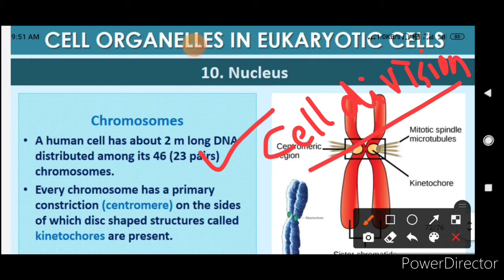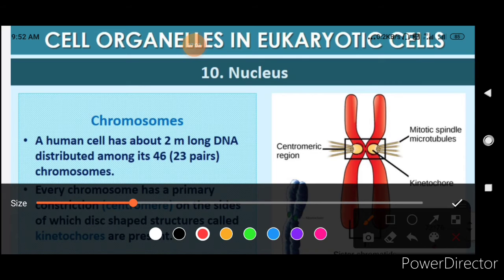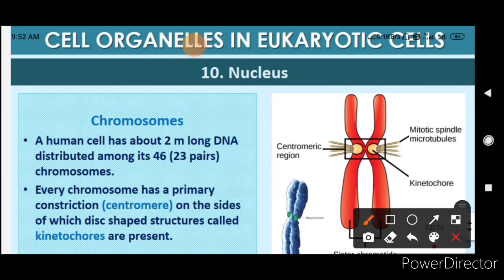Every chromosome has a primary constriction. See here, you can see in the diagram, there is a primary constriction. This curve is nothing but the primary constriction.